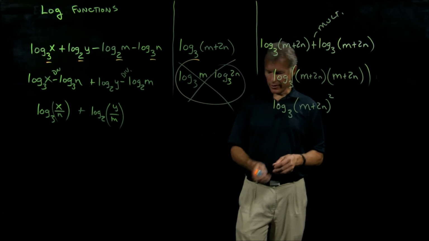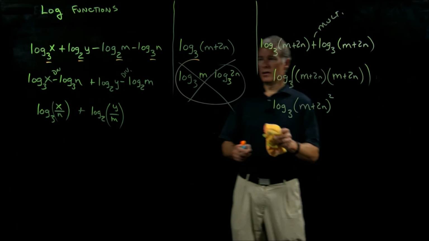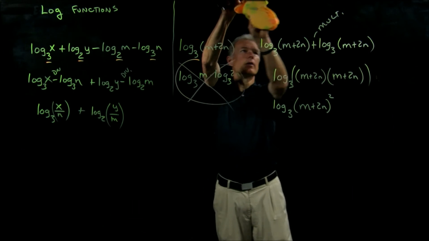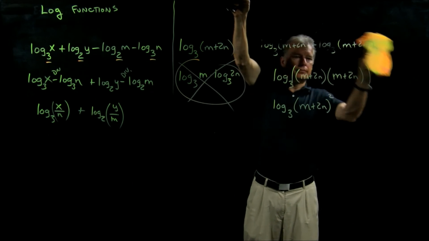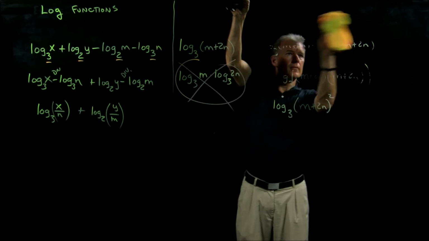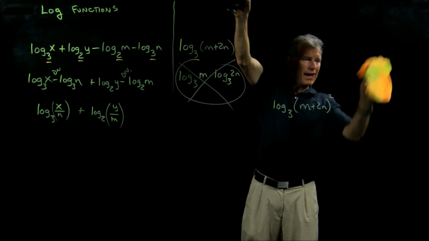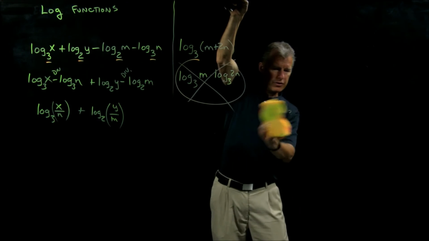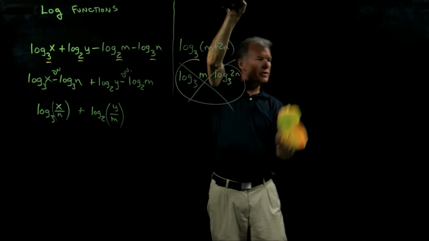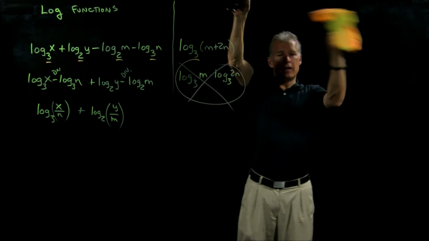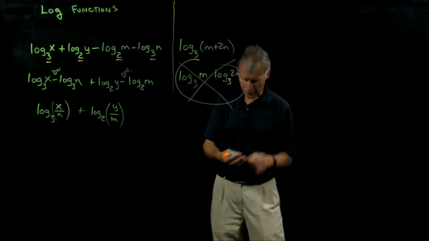All right, so I do have one last example here to show you. Let me just erase a little bit of the board here. This one here is if we know the value of a certain log, how can we use it to help us find our solutions?